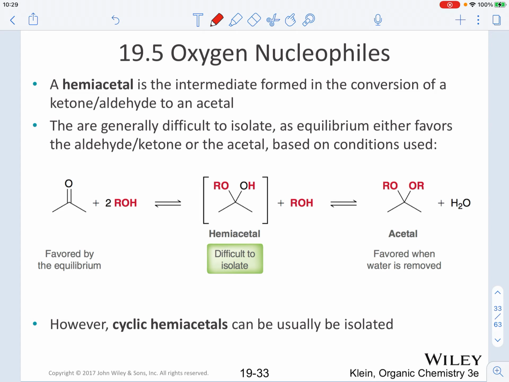The only ones that are going to be favored is if you have a cyclic hemiacetal. And this is where I was mentioning that this reaction is actually very important in biochemistry, because cyclic hemiacetals are what we know as sugars or carbohydrates. They're an example of a cyclic hemiacetal.